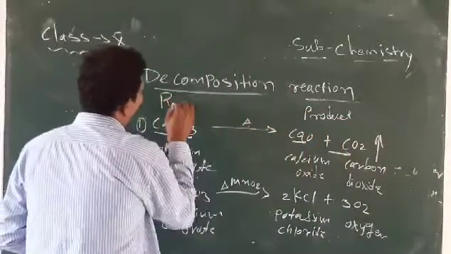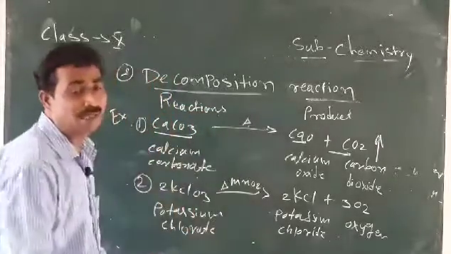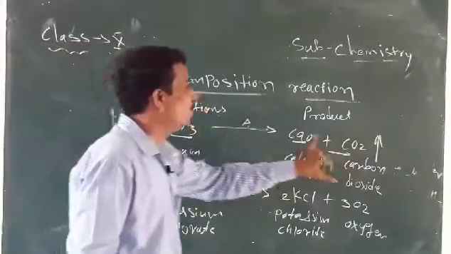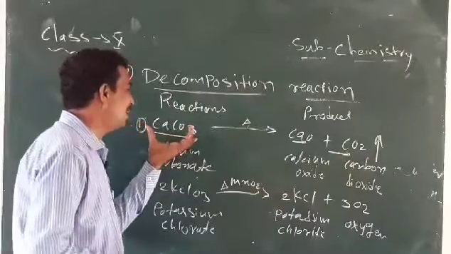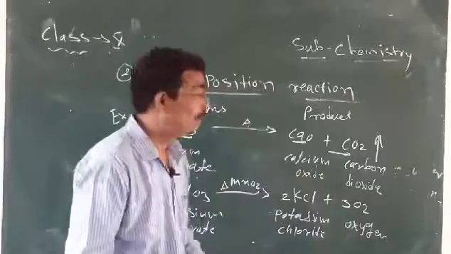Before, in the combination reaction, two reactants produce a single product, but here one reactant produces two or more products.